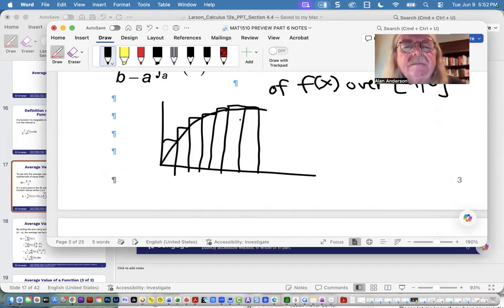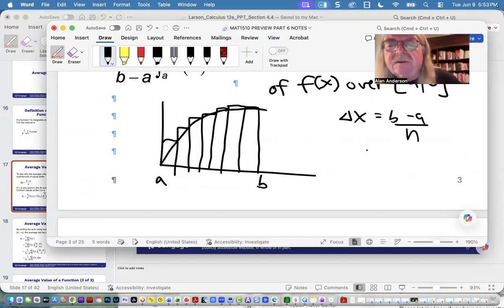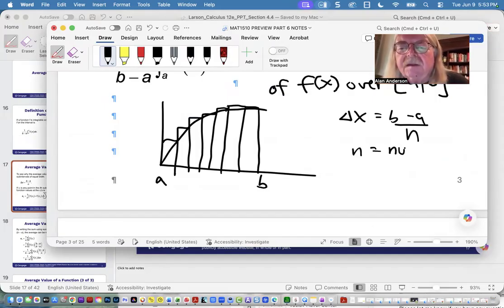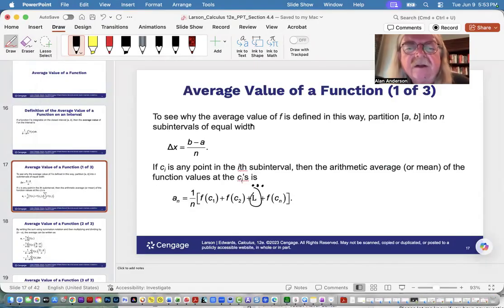All right, so what they're saying is that the delta x, now here's A, here's B. Each one of these has the same width. These are not Riemann sums. All the rectangles are the same. N is the number of rectangles. And of course, each one of the C's that we're referring to here could be either the left endpoint, the right endpoint, or possibly the midpoint.